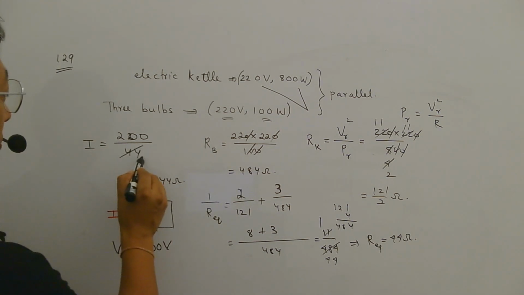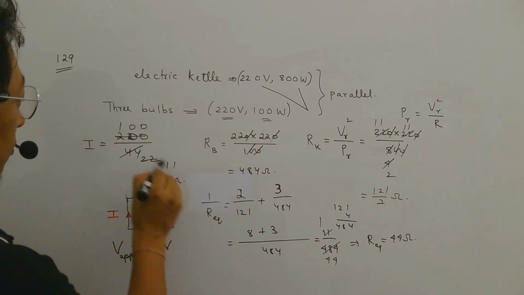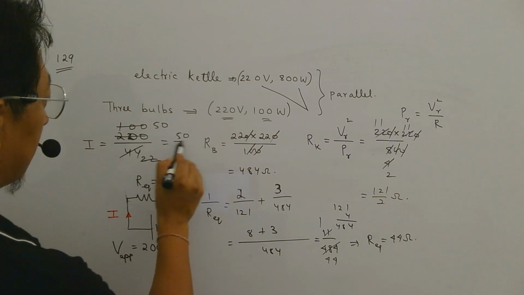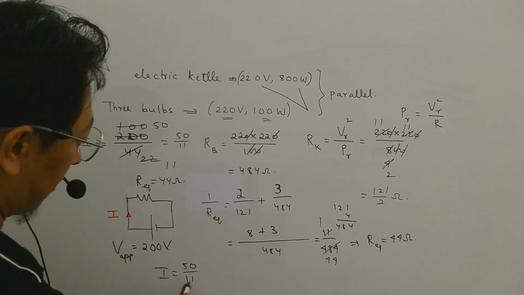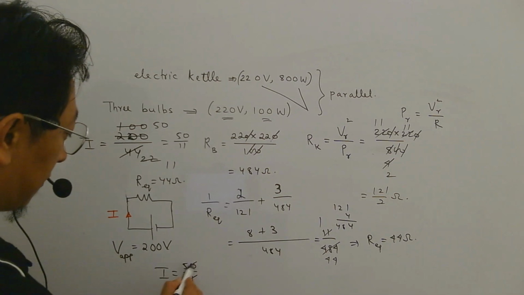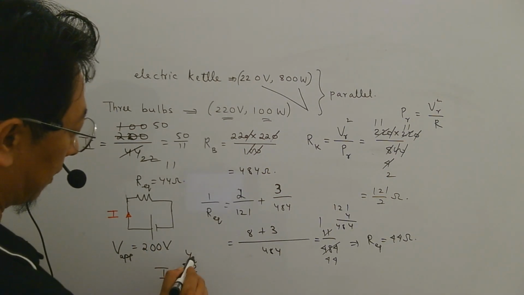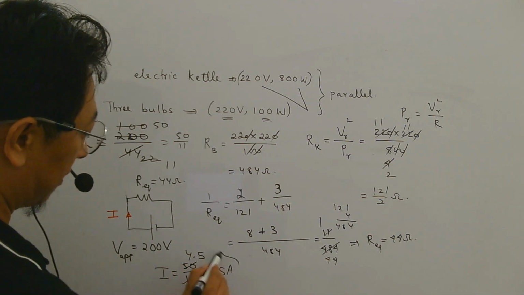So finally it is 50 by 11. So current is 50 by 11. If you simplify, 11 4s will be 44, 6 carry, 11 5s. So it is 4.5 amperes.